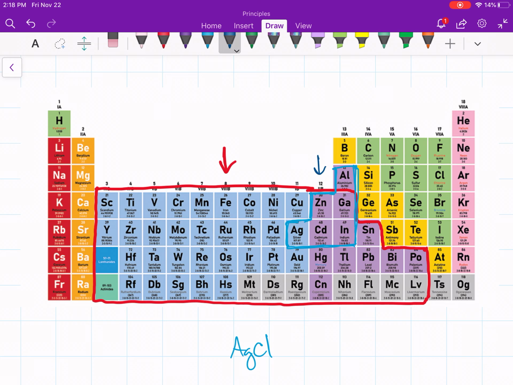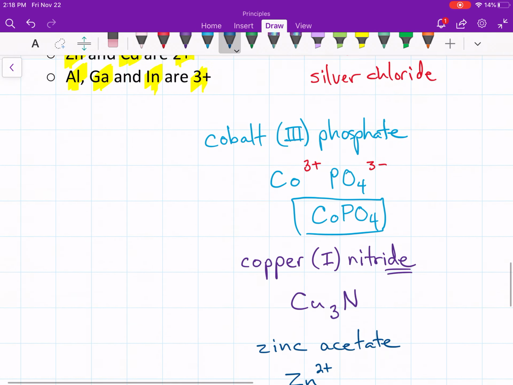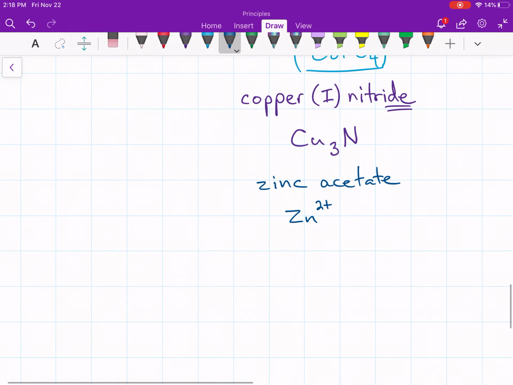And it's always +2, just like cadmium below it. So that's why the charge was not given in the name. There was no Roman numeral in between. And acetate is C2H3O2 with a 1 minus charge. And because zinc is +2 and acetate is -1, I'm going to need 2 acetates. And then again, I'm just going to get rid of my charges and leave the formula.